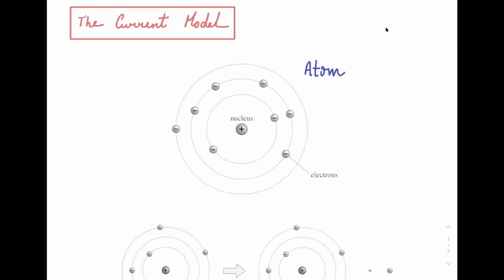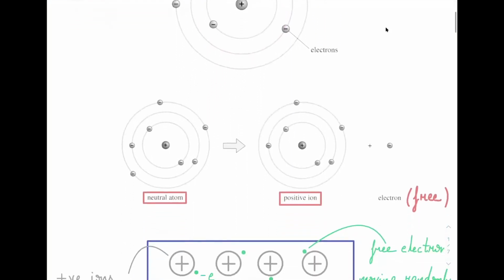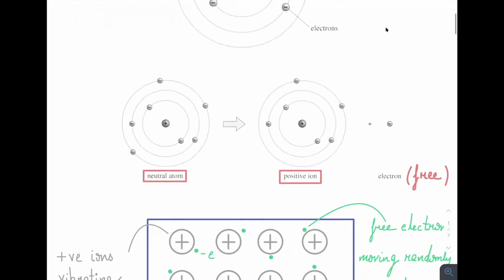Normally, atoms have equal numbers of positive and negative charges, which makes them neutral, meaning that their net charge is zero.